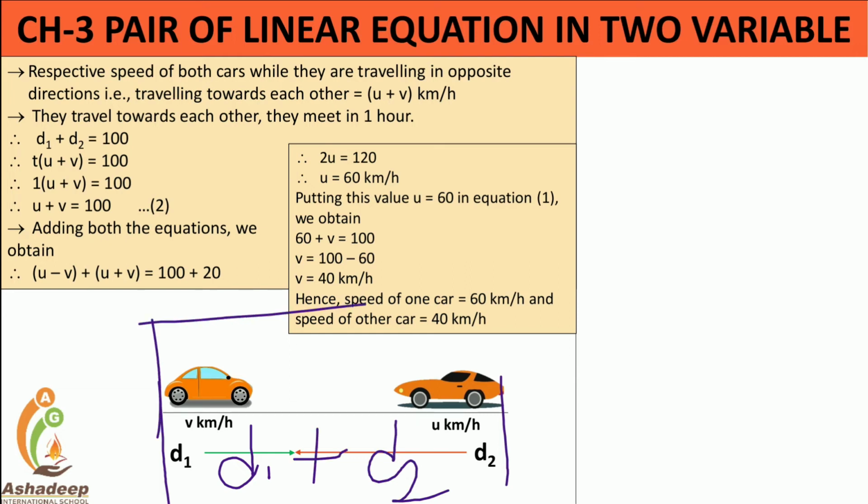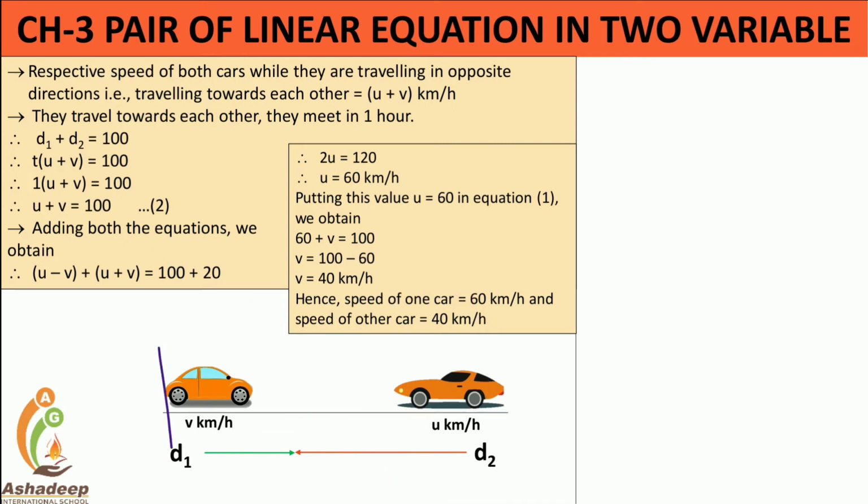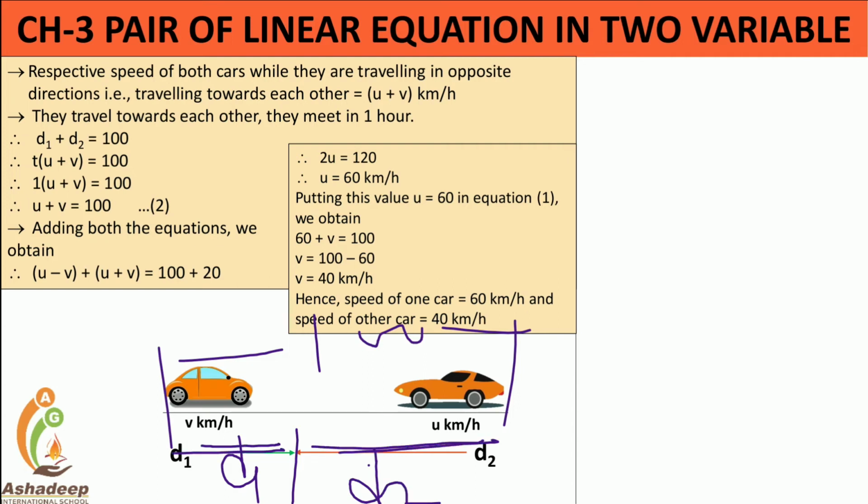The total distance is 100. Once again, see, the total distance is 100. This car travels the distance D1 and this car travels the distance D2. So D1 plus D2 is nothing but 100.